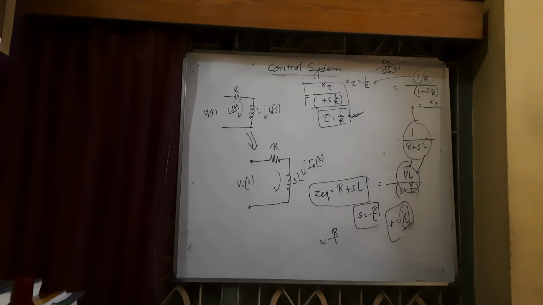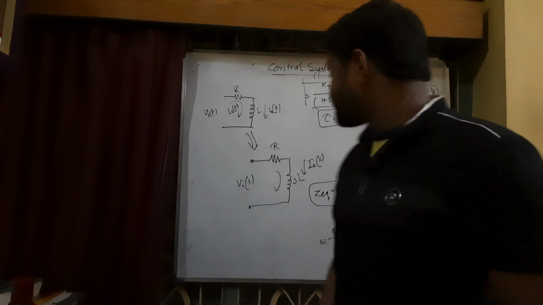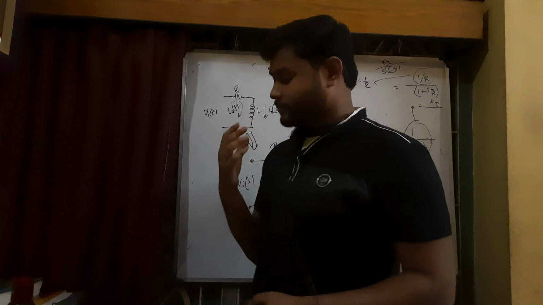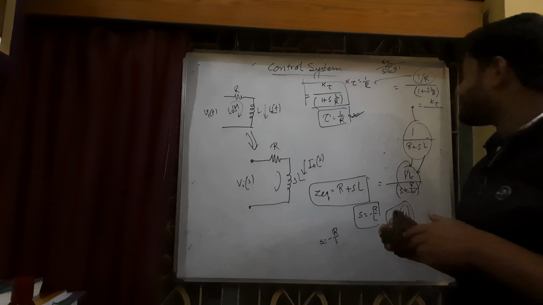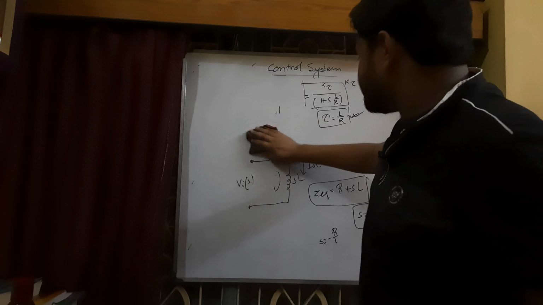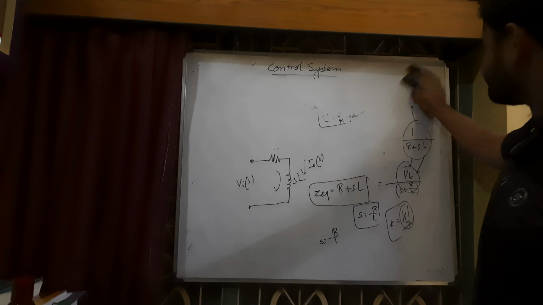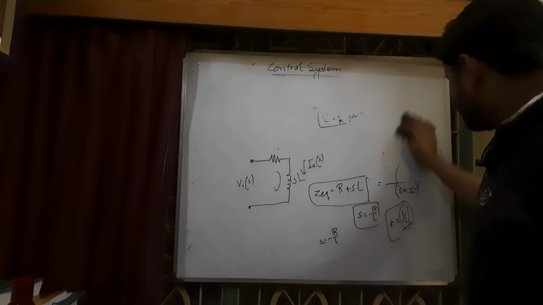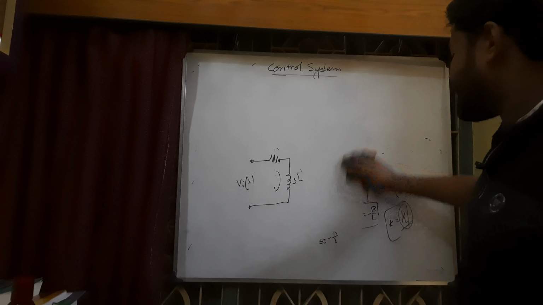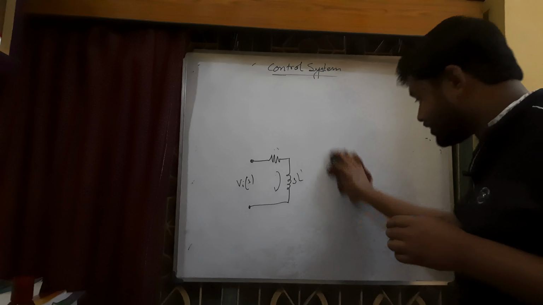I think the time is over, so let me close this lecture today. Let me give you a brief summary of what we have done today. We discussed the time constant form, and from the time constant form we know that individual poles and zeros each have some effect on the time constant of the overall system.